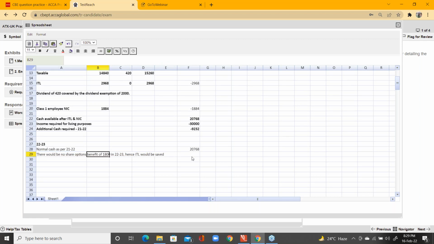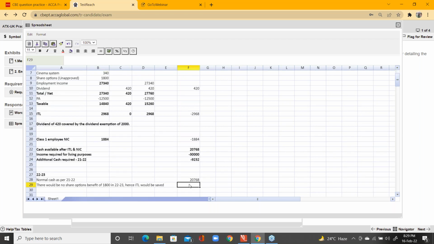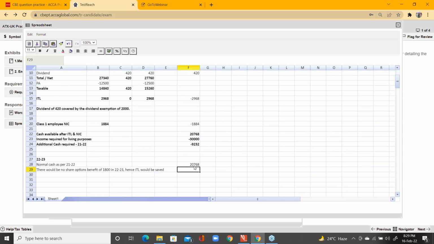Hence, income tax liability would be saved. If income tax liability is going to be saved by 1800 because this amount is not in the next year, it means on 1800 a liability at 20% will be saved, which means additional cash. Now total cash in 22-23, by adding these two figures, we just added back the income tax liability saved in absence of share option benefit in the next year.